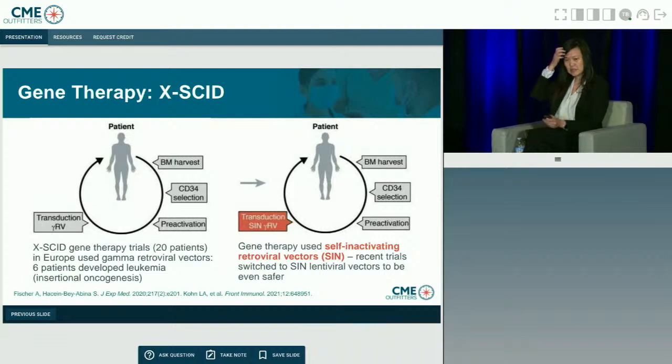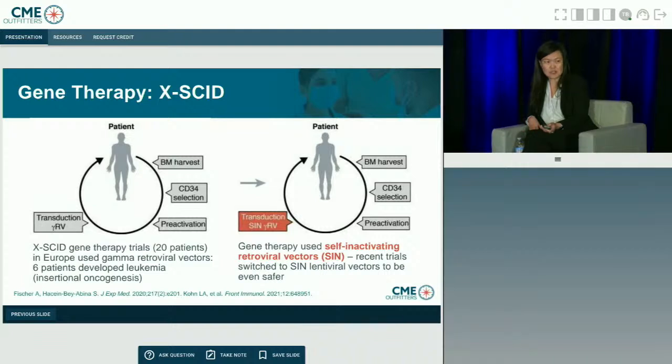So this is just a slide about the gene therapies that were used for XGID. And I think sometimes people hear about this and they get nervous. And there's reason to be, because the early initial gene therapy trials that were done in Europe used a gamma retroviral vector, and there were 6 patients where the gene inserted near an oncogene, and there were 6 cases of leukemia.